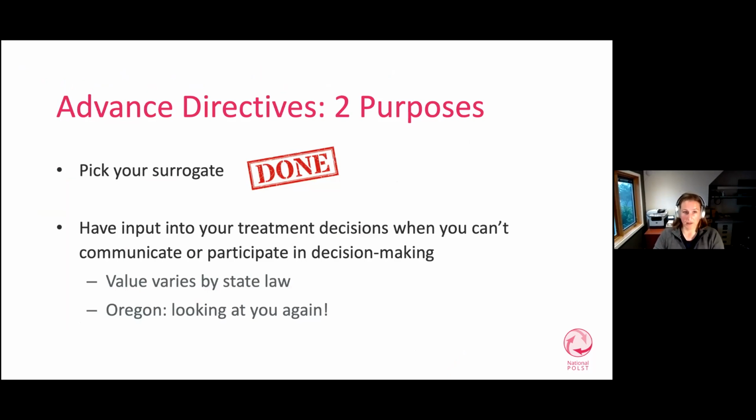Okay, you've done your part and you've picked your surrogate. So the next part of the advance directive is talking about treatment decisions when you can't communicate. What do you care about? Unless you have a good advance directive template, this portion of the document may be minimal. For example, in Oregon, we have a statutorily defined advance directive.